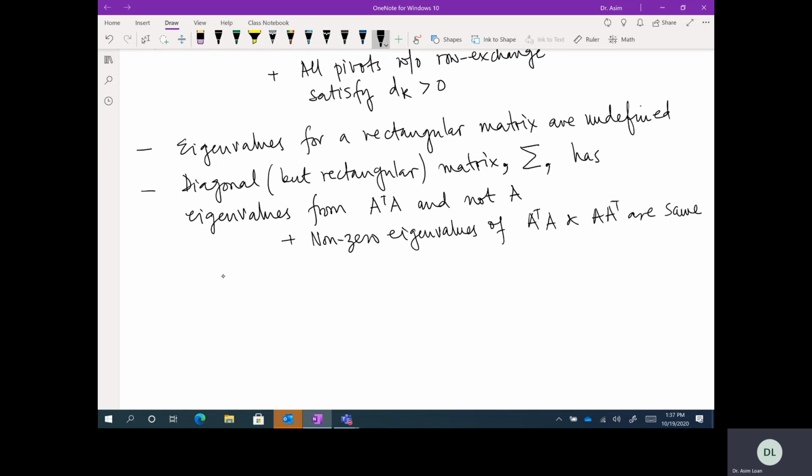Okay, so the positive entries in sigma are sigma 1, sigma 2, up to sigma r. Why? Because r is the rank of A, and since it's the rank of A, this will tell you how many non-zero eigenvalues there are. So these positive entries are the singular values of A.